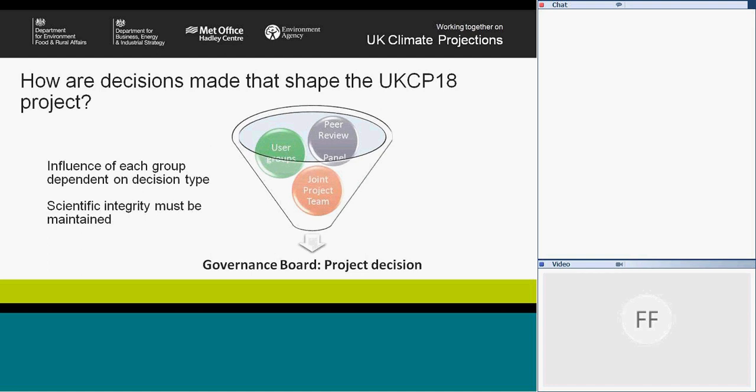We have the peer review panel that provides scientific integrity, and we also have project requirements in terms of resourcing, and the funder has a scope for the project, and we have to abide by those rules. So what we're trying to do is make sure everyone has an understanding of how decisions are influenced, how their decision would influence the project, and what we are weighing up in that mix.